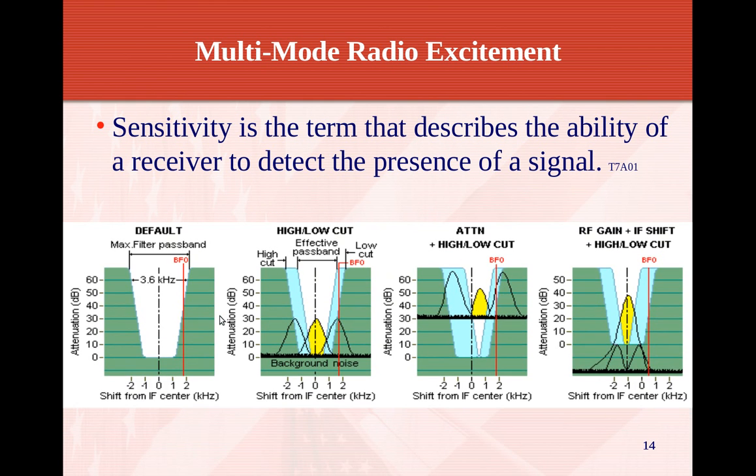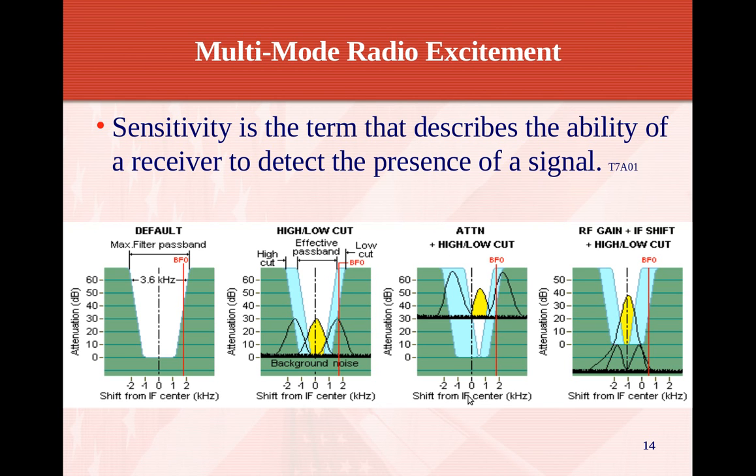Sensitivity is the term that describes the ability of a receiver to detect presence of a signal. So here are the different filters that you can get. You can have a high, low-cut filter, which is background noise. You can tune in the station that you want, and this is called effective passband. You can do attenuation plus high-low cut.